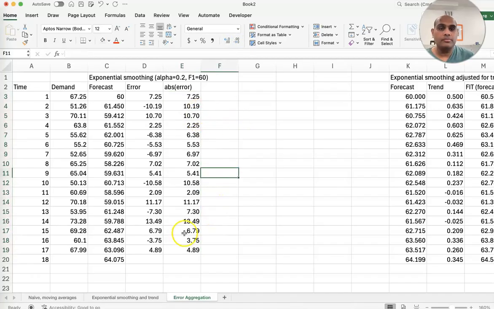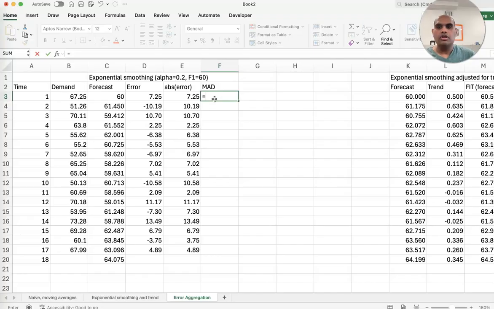Now, once I have the absolute values of error, I can calculate a running total of the mean absolute error, the mean absolute deviation. If you remember, I did this in class. After period 1, what was the mean absolute error? After period 2, what was the mean absolute deviation? After period 3? So it's a running total of what the mean absolute deviation was as time progressed.